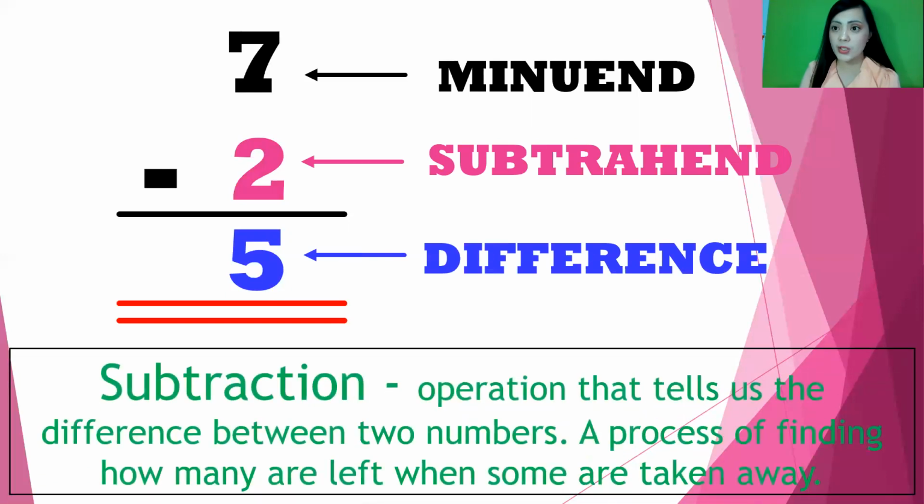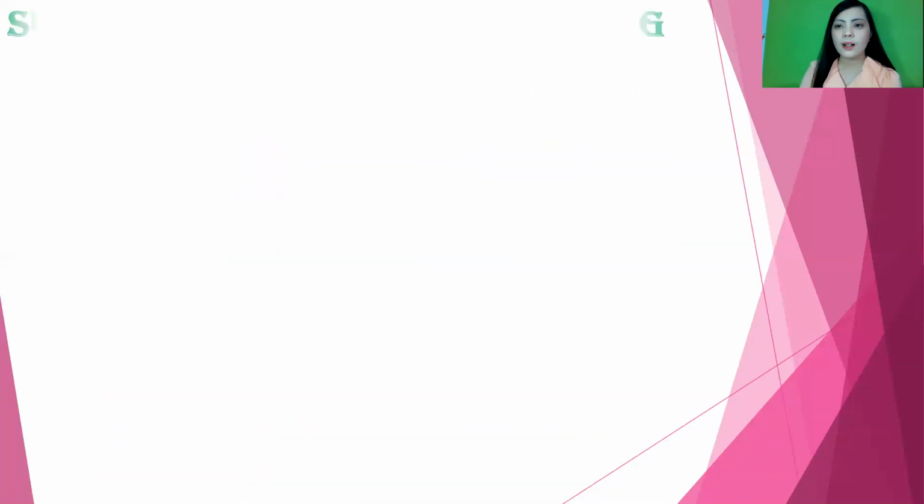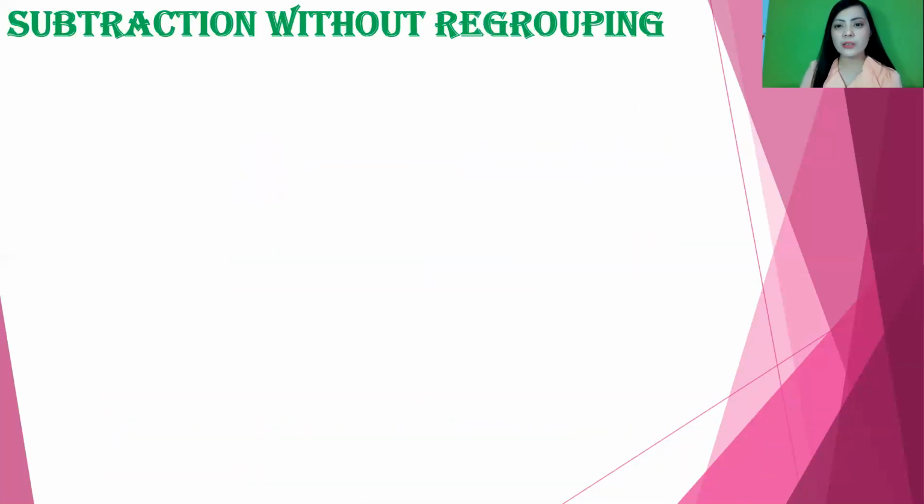Now, what is subtraction? Subtraction is the operation that tells us the difference between two numbers, a process of finding how many are left, or taken away. All right, subtraction without regrouping.